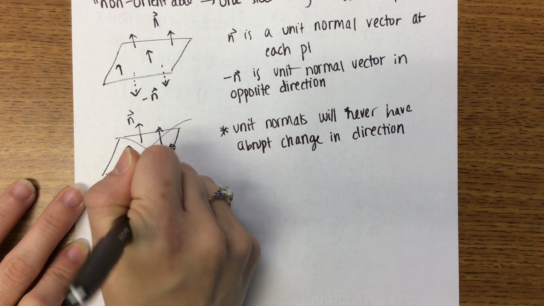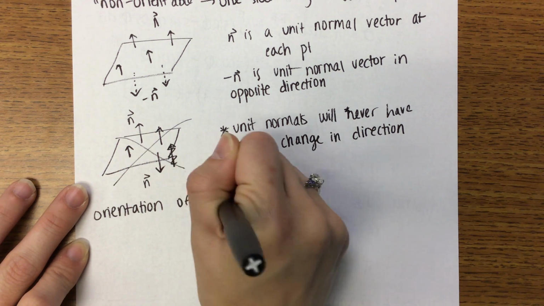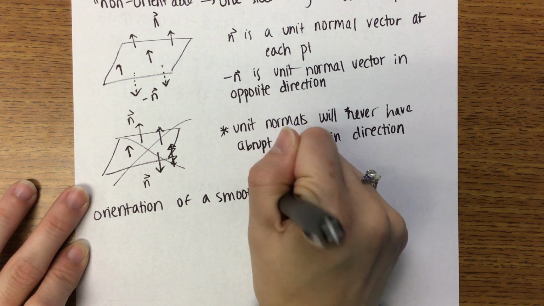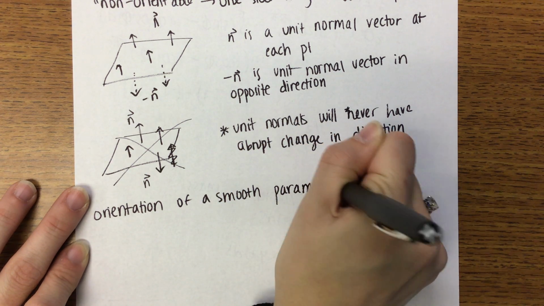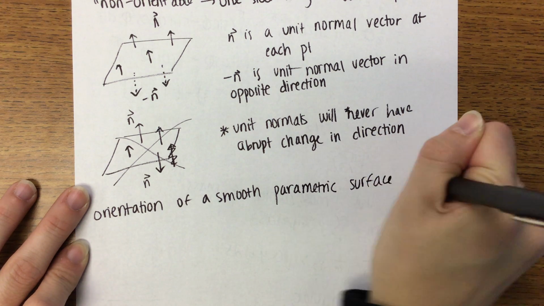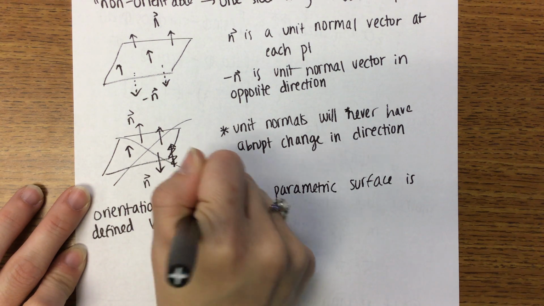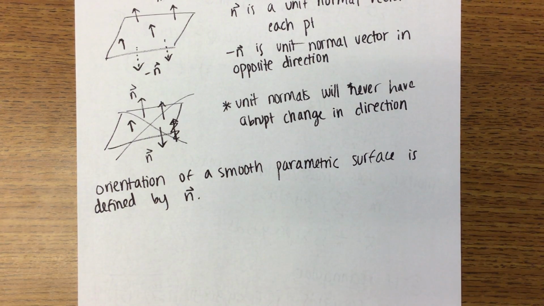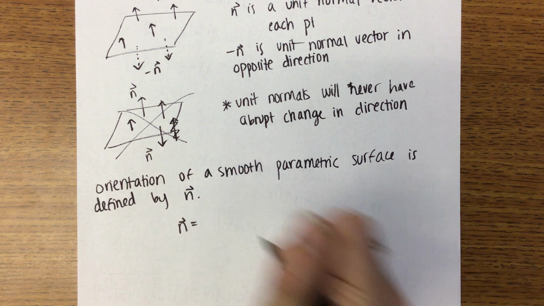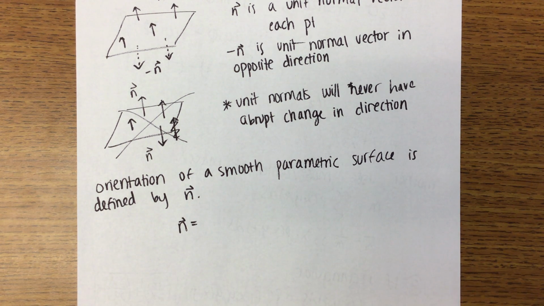The orientation of a smooth parametric surface is going to be defined by that n. So n will tell us the orientation of the surface. Any idea how to calculate n for a surface that is defined parametrically? You should be able to figure out the direction piece of it, at least.